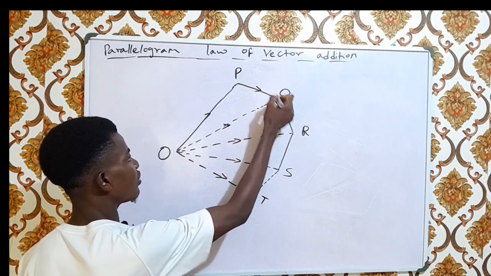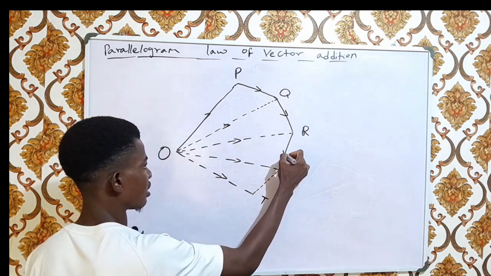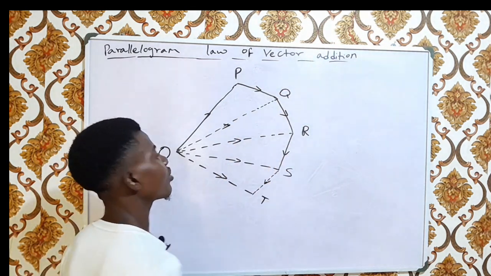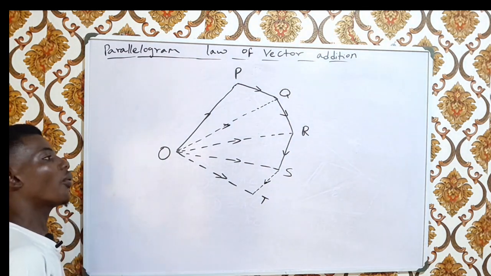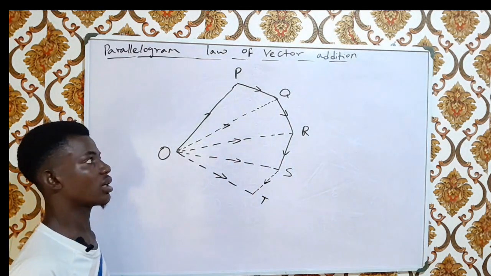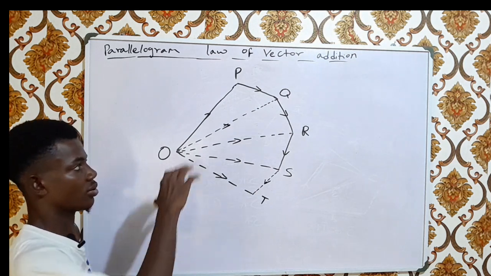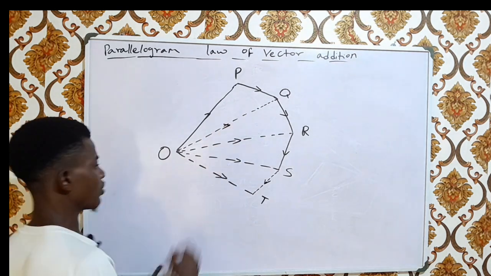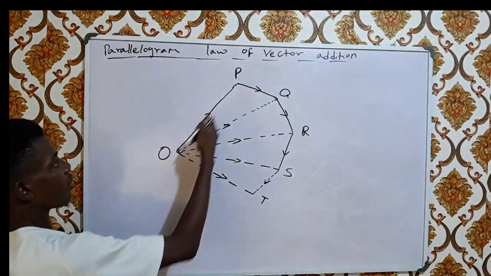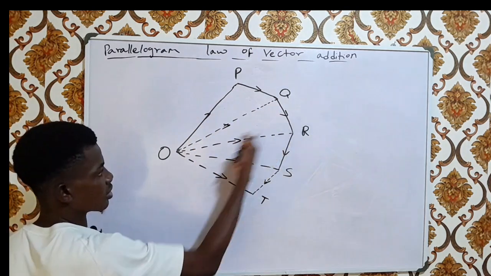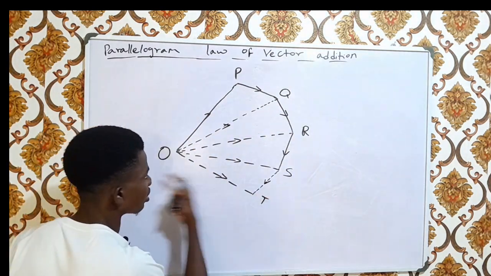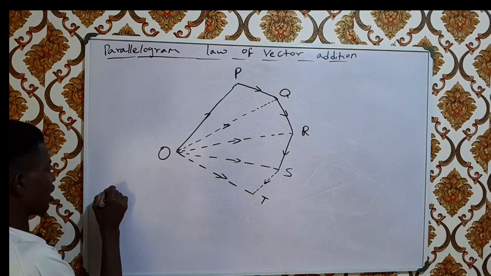So from here, we can use the triangular law of vector addition to add them all. Because if you watch carefully, you will be seeing triangles.